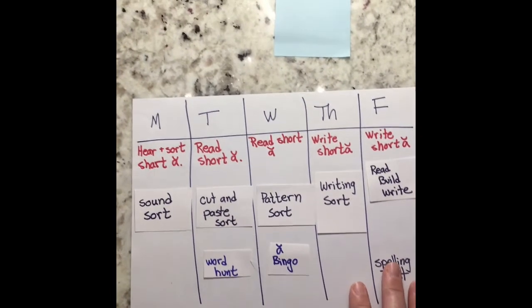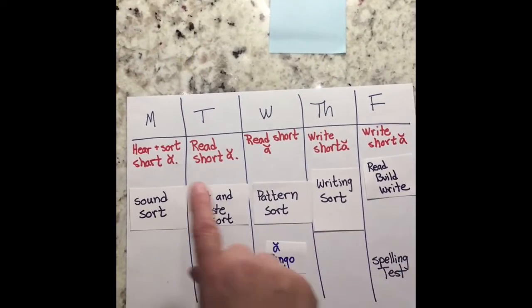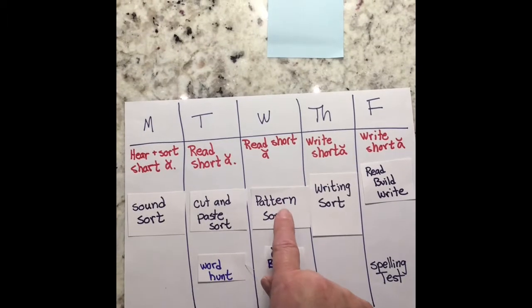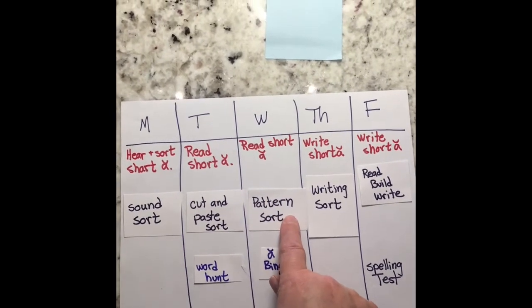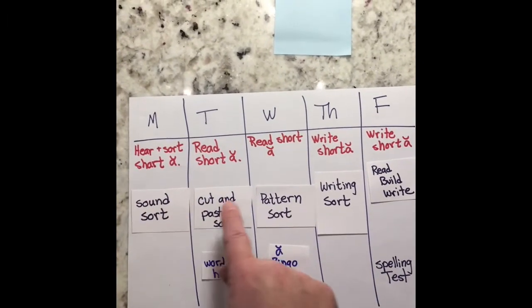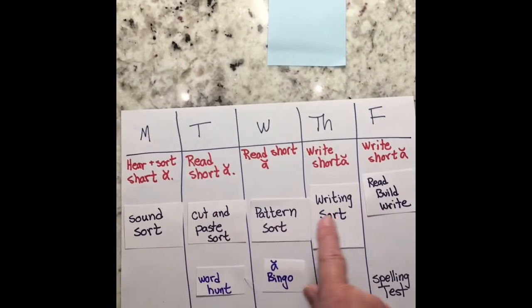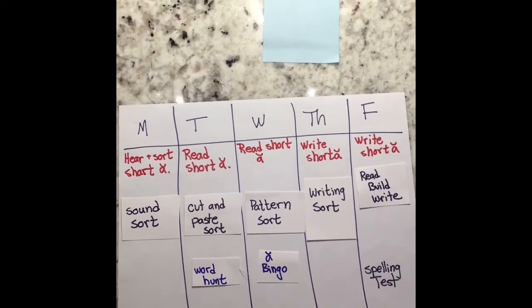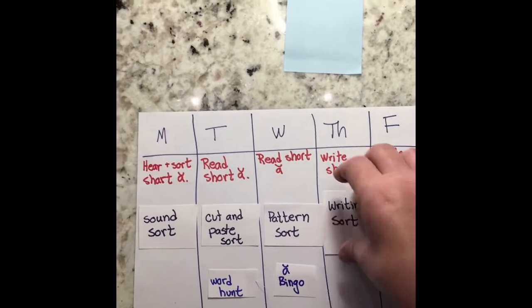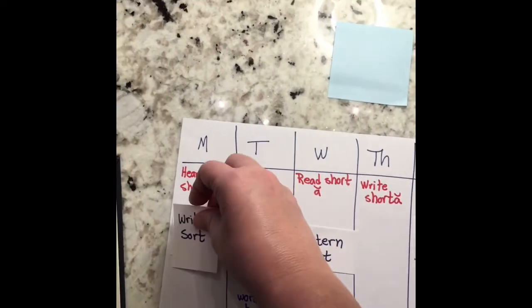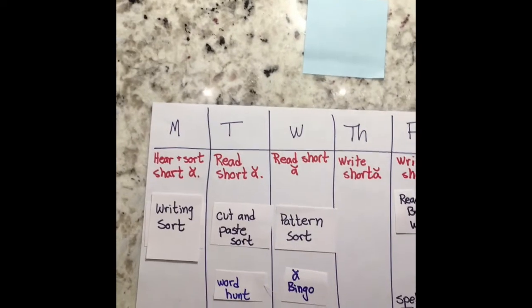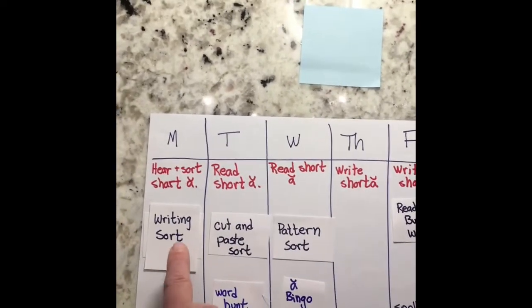You have to know your features so that you can create sorts that only have fair features. You have to know these sorts and how to do them so that you can kind of use them in a 5-day lesson plan progression. It would be terrible for me to start this 5-day lesson plan with having kids do a writing sort. It's just too hard.